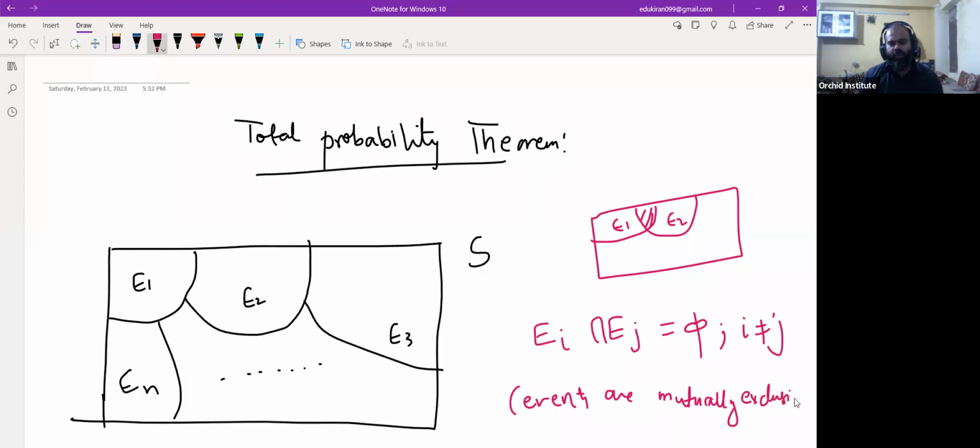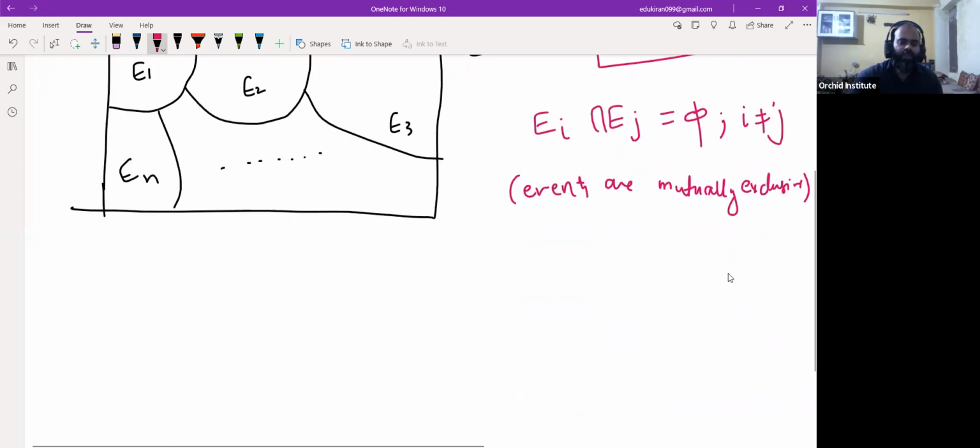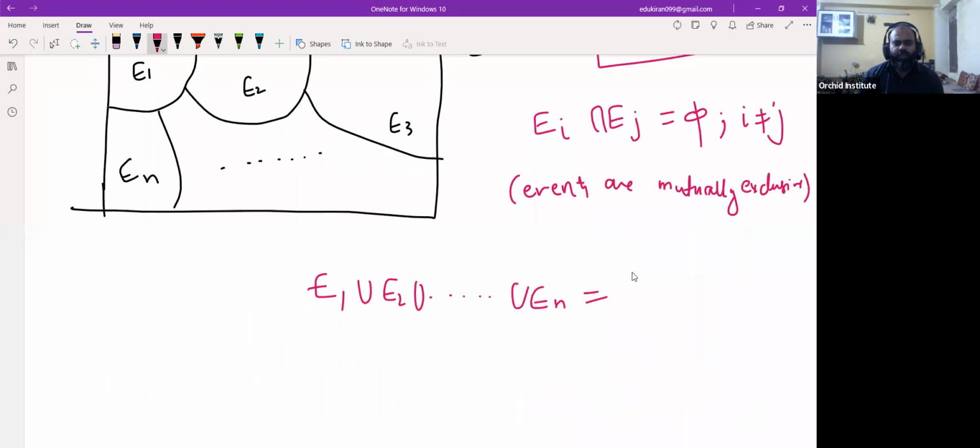Then we have to also see another condition. The other condition is that if you take the union of all these events, then what you will get is the sample space, because nothing is being left in the sample space which is not covered by these events.